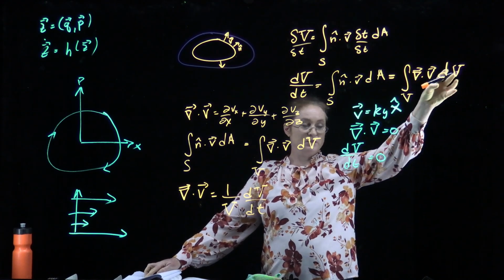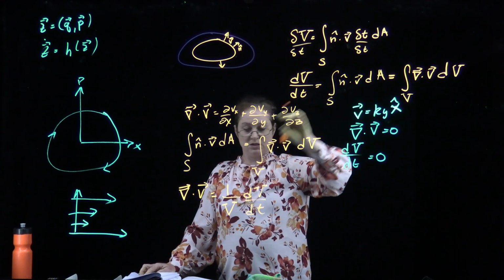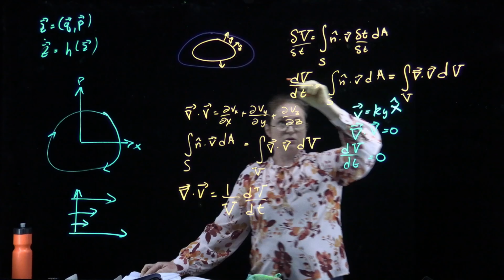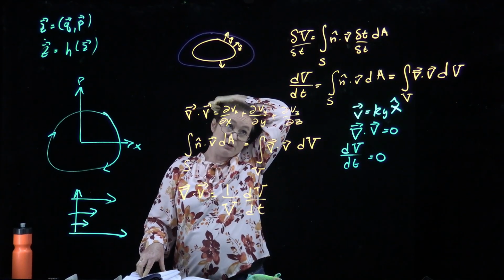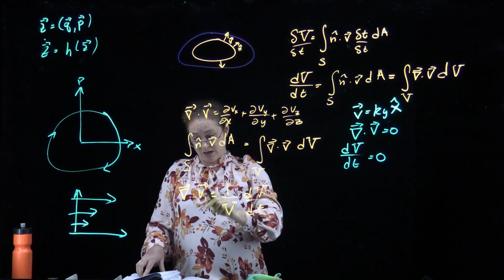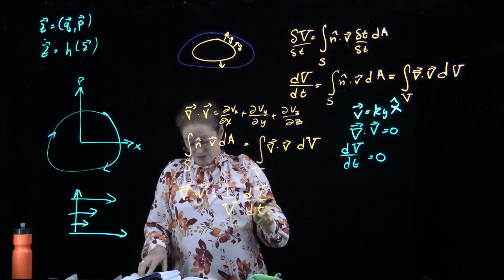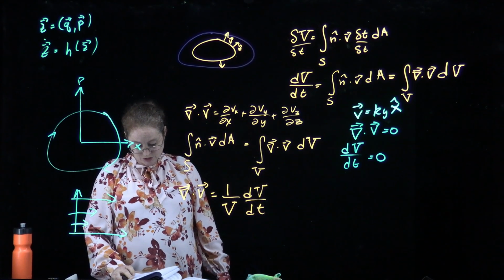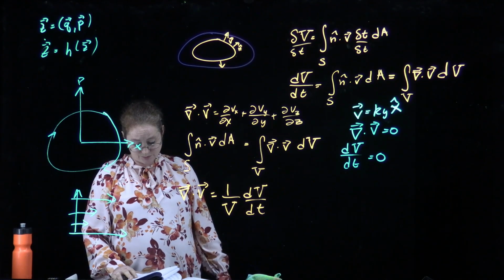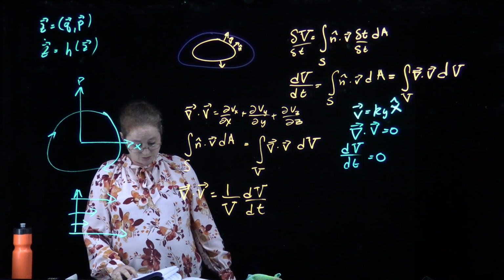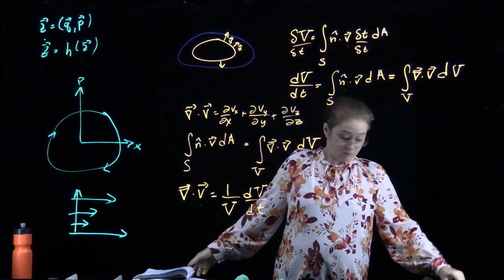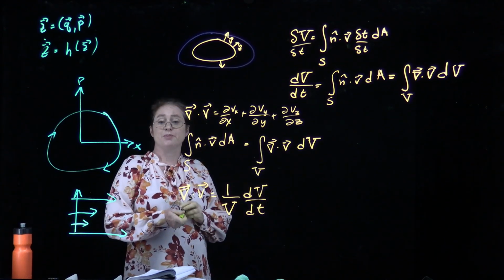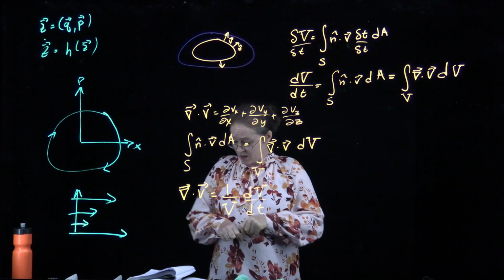So this integral is giving me a small chunk of volume, and I'm dividing through by the total volume, and I get that del dot v is the fractional change in the volume. And this actually generalizes to many dimensions. So, as with many things in this book, the ugly part is left as a homework assignment.